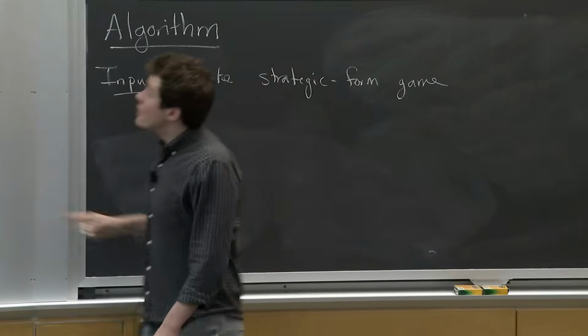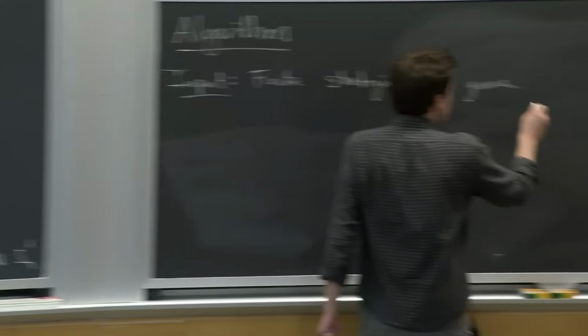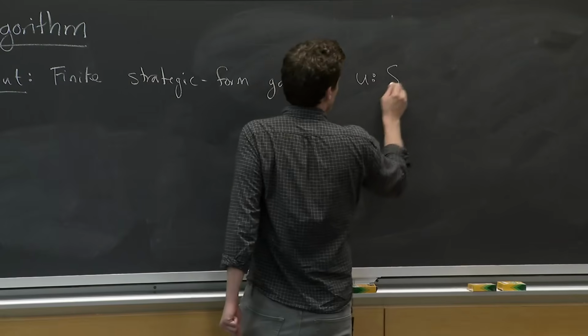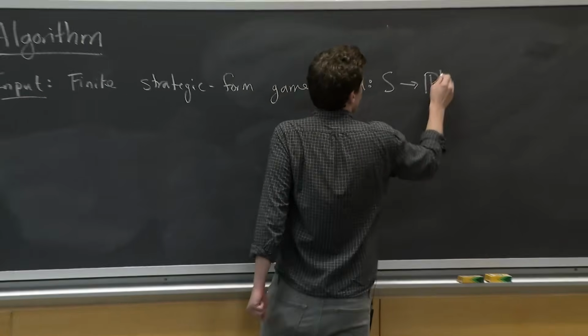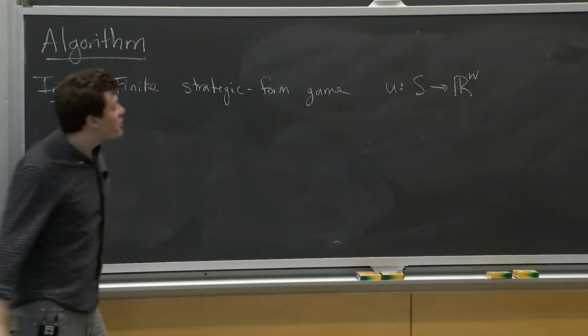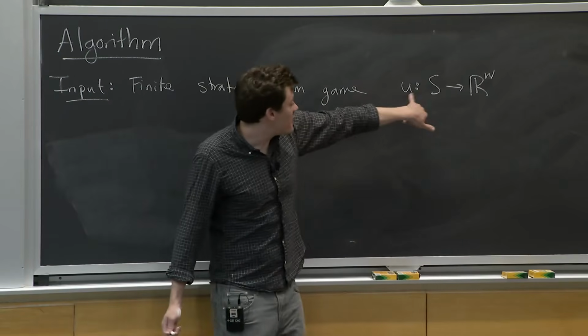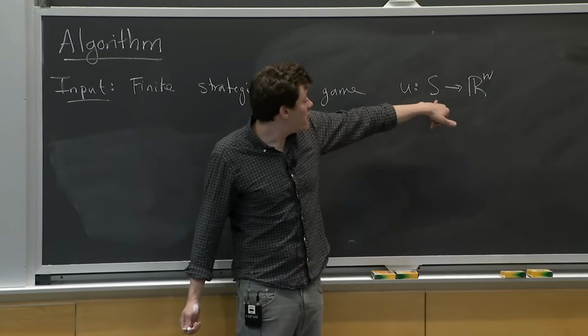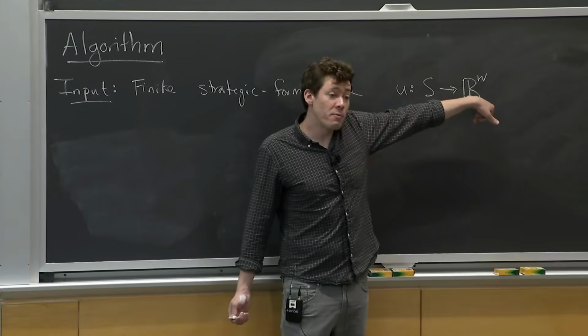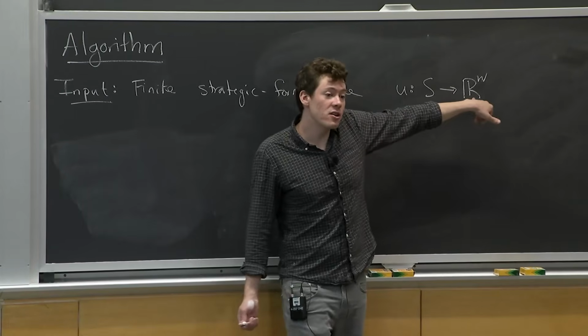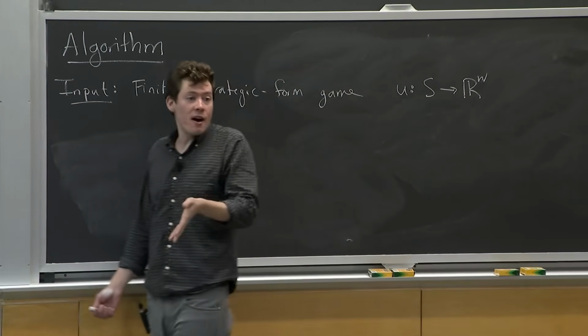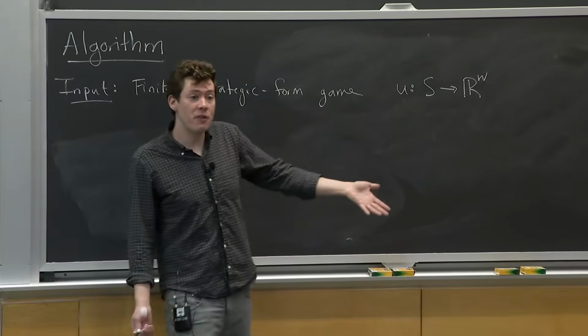And if I just write it like we did at the beginning, it's just a function u from S to R^n. And in a sense, all of game theory is just studying functions like this, right? It's a function that says, for every strategy profile the players choose, what are all the players' payoffs, right? And this is a vector that tells me player 1's payoff, player 2's payoff, all the way up to player n's payoff.